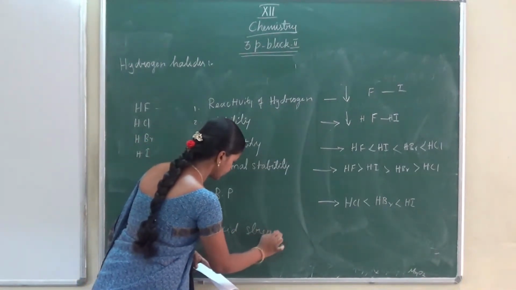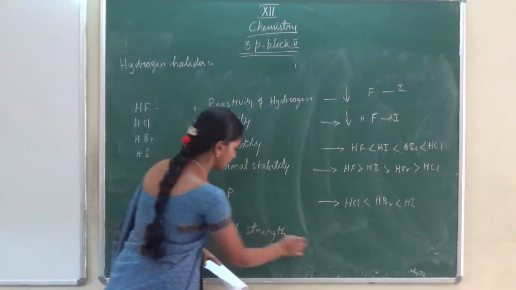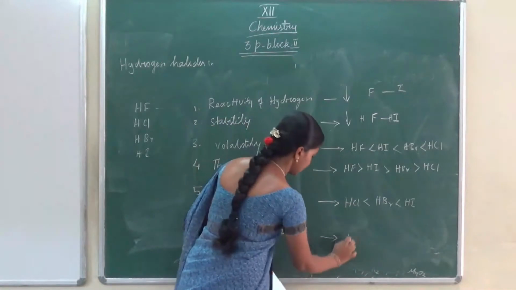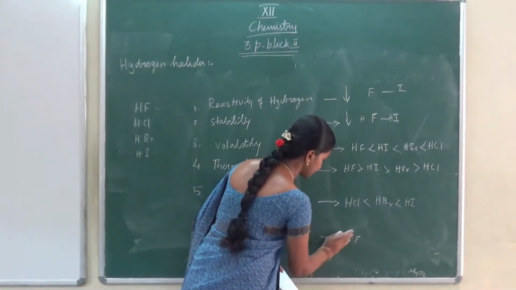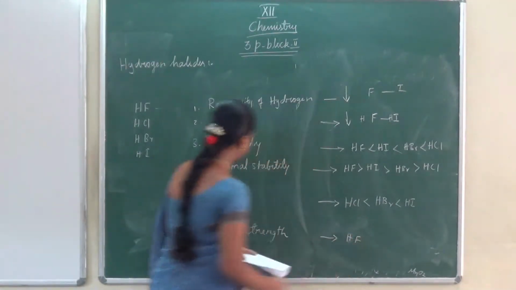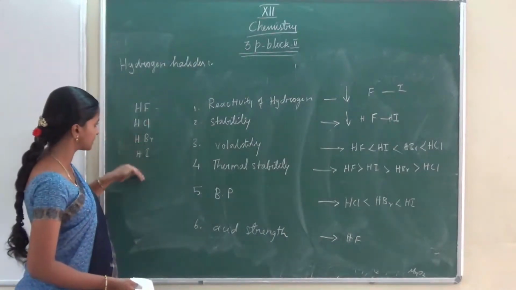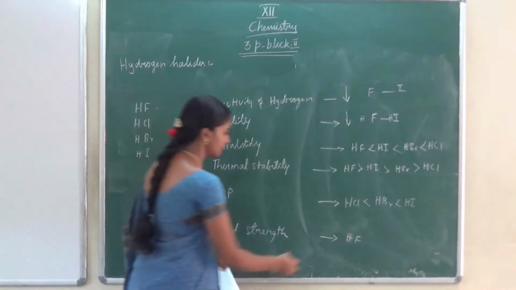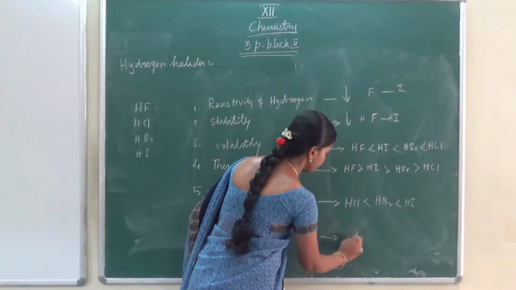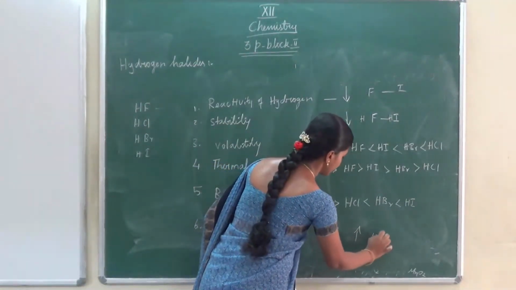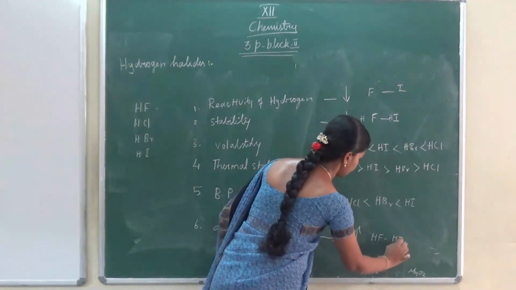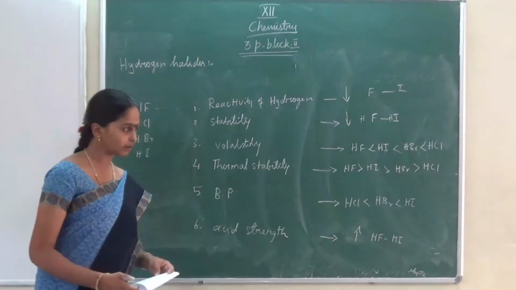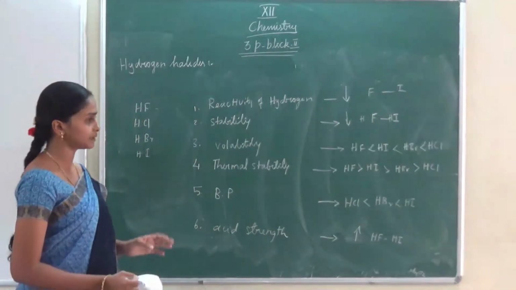HF is a weak acid. Then HCl, HBr, HI: the acid character increases as you move down the group. Simply, we can write that it increases from HF to HI. That means HF is very weak. Okay, that's all about hydrogen halides.